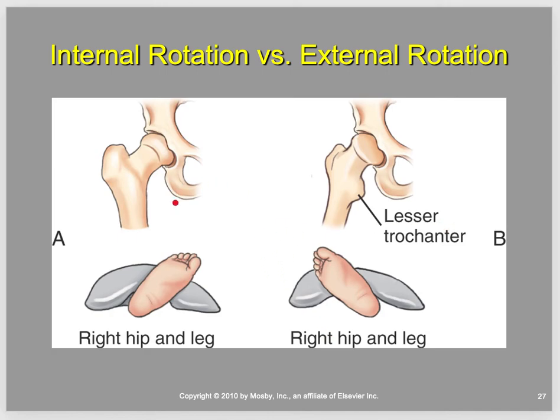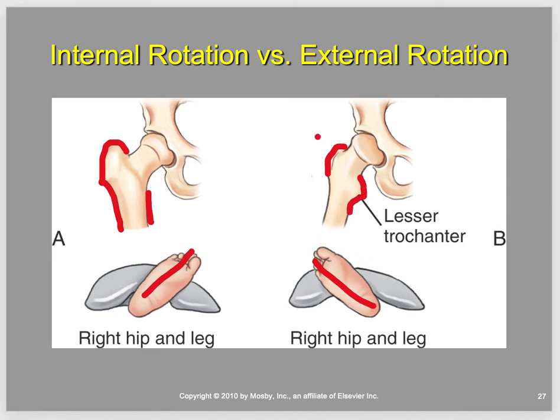So just like this is a right hip and leg with the internal rotation of 15 to 20. You cannot see the lesser trochanter, but you can really see this greater trochanter. Okay, so this is what we want. If this foot is laid out, what we're going to deal with is a little bit of the greater trochanter and a little bit of that lesser trochanter.